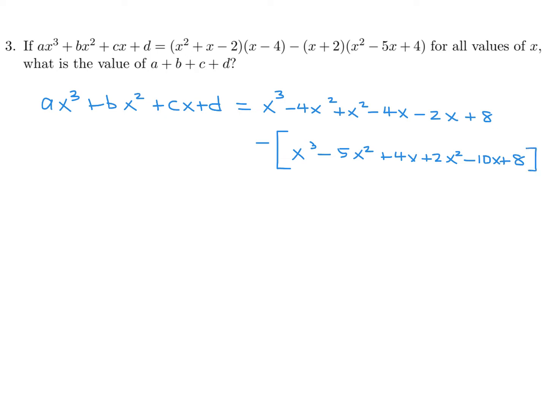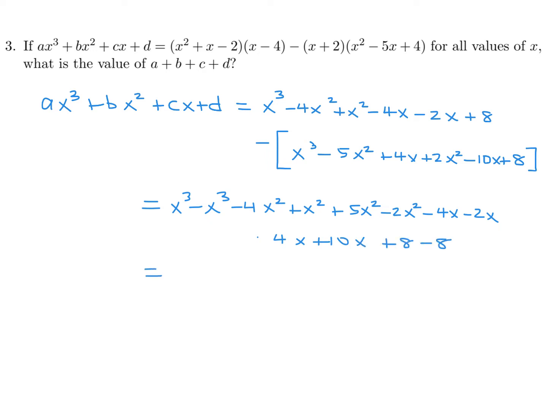Okay. And then we've got to collect like terms and all that. So x to the power of 3 minus x to the power of 3, minus 4x squared plus x squared plus 5x squared minus 2x squared, minus 4x minus 2x minus 4x plus 10x, plus 8 minus 8.